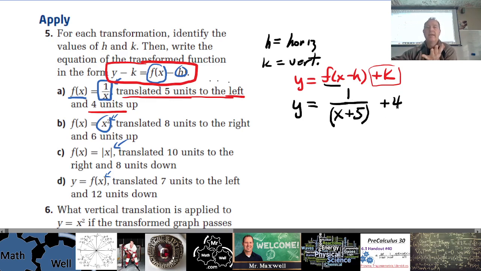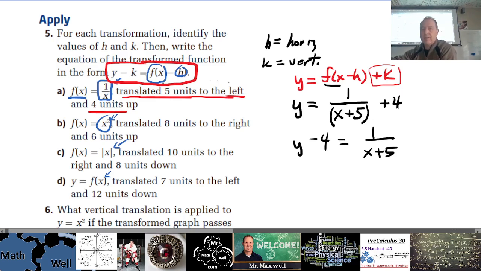So finally, if you're going to write it in this form, you would go y minus 4 equals 1 over x plus 5. And you can use brackets or not there. Now, I'm going to check that with the back of the book. If they keep the f of x, that's fine. It's easier then.